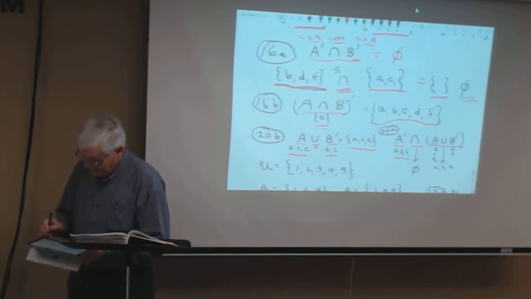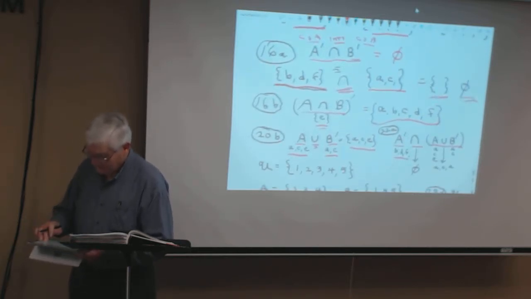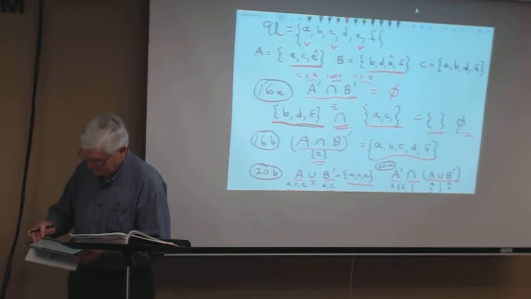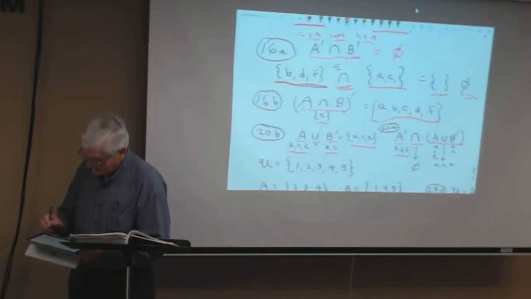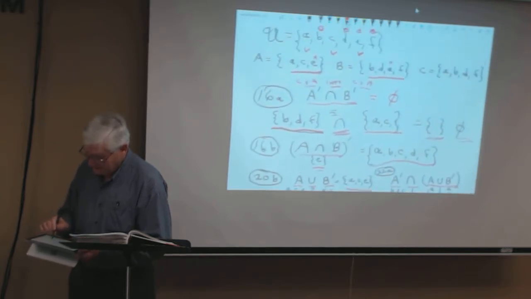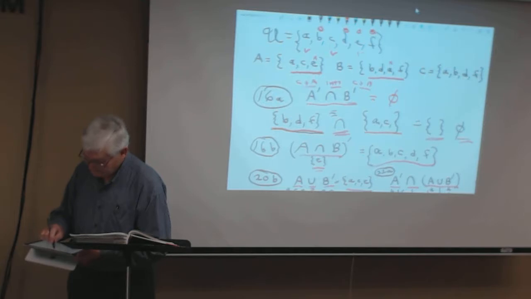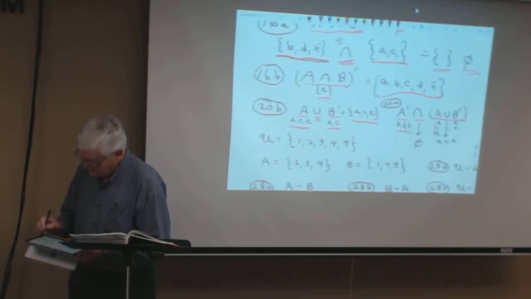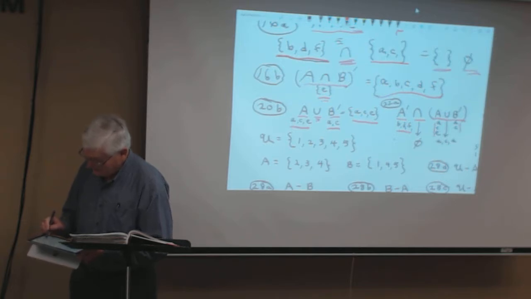And the union of A, now watch what I do here. A is ACE. So I just write them out here. ACE. And the complement of B, and what's B? BDEF. So the complement of B is what's left, A and C. And what happens if I unite these two?